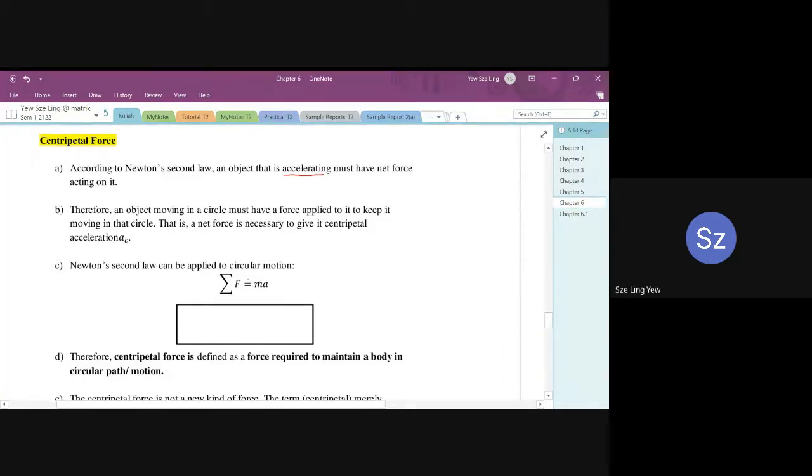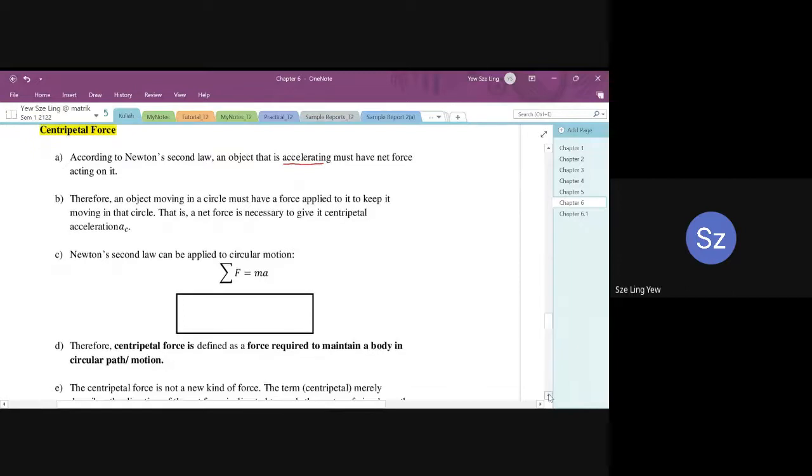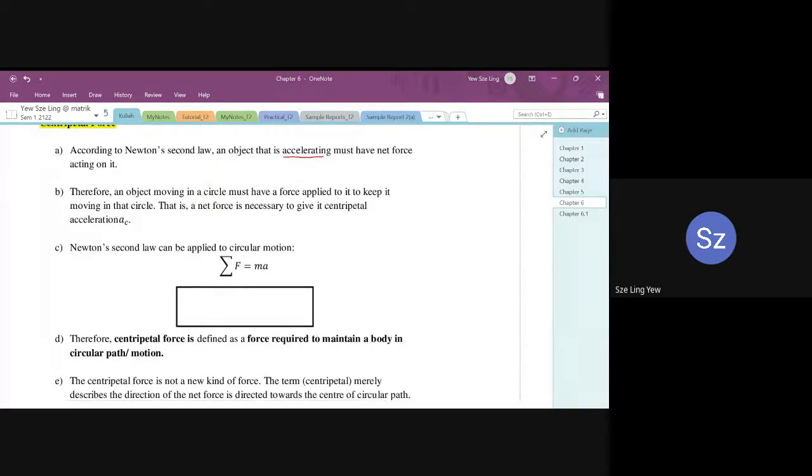So Newton's second law can be applied to circular motion, since we know the sum of forces equals ma. Since now you are looking at the centripetal force, we rewrite the sum of forces as Fc.